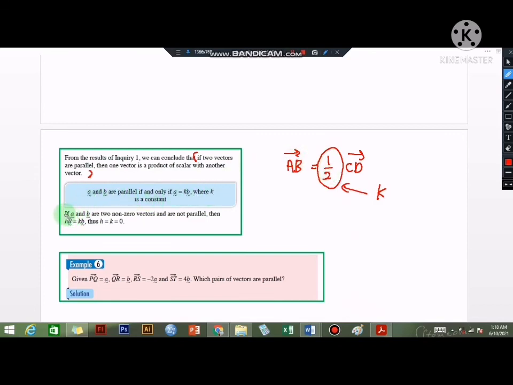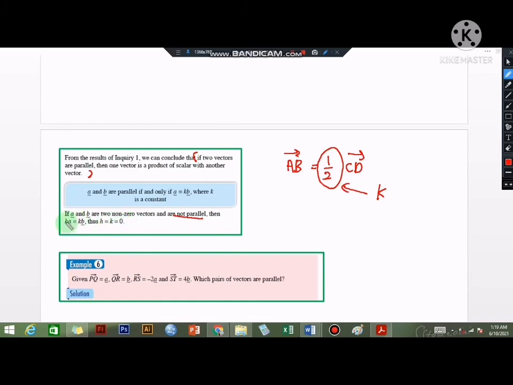Let's look at this one. If vector A and vector B are two non-zero vectors and are parallel, then k has a value which is a constant. But if vector A and vector B are non-zero vectors and not parallel, then h vector A is equal to k vector B, thus h equals k equals 0.